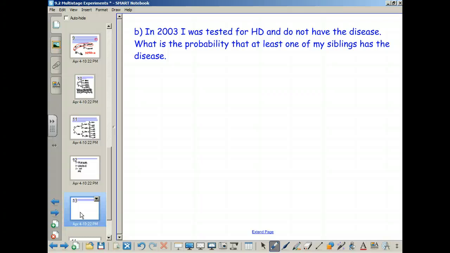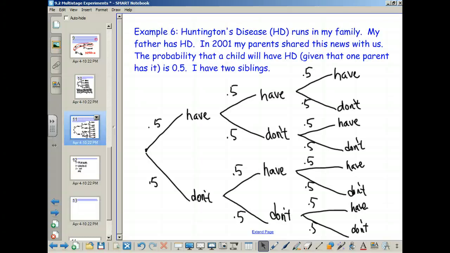So what I want to do next is to show you what happens with this tree diagram, okay? So this question says, in 2003 I was tested, I don't have the disease. What then is the probability that at least one of my siblings does? So if you take a look back at this tree diagram we created before, what we just did is we eliminated me.